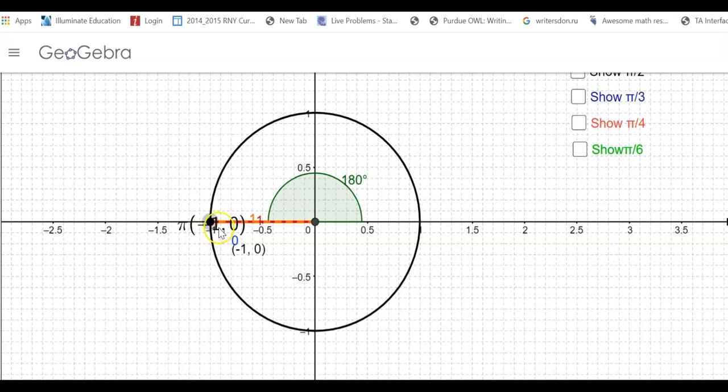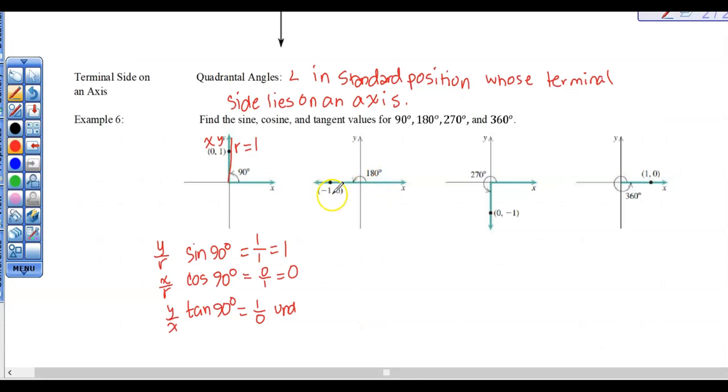You can see that your x-coordinate, it's hard to see here, is at -1. Your y-coordinate disappeared. It's at 0. But your radius is always 1. So we'll go back to the picture here, and we'll note at a 180-degree quadrantal angle that our radius is 1, our x is -1, and our y is 0.